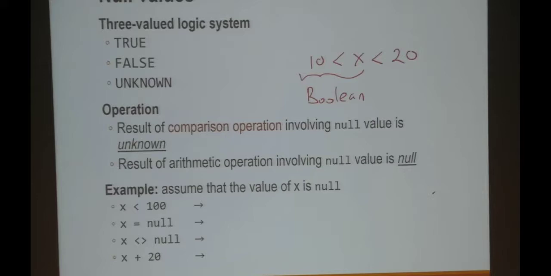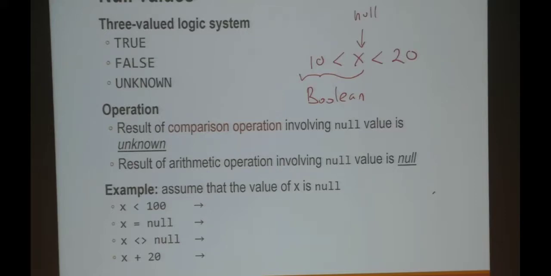And in the same way, if this one is a null, the result is Boolean unknown. Unknown is not null, so you cannot say null less than 20. So that's why there's a subtle distinction between unknown and null. If it's arithmetic, the result will be null. If the operation is a comparison, the result is unknown.